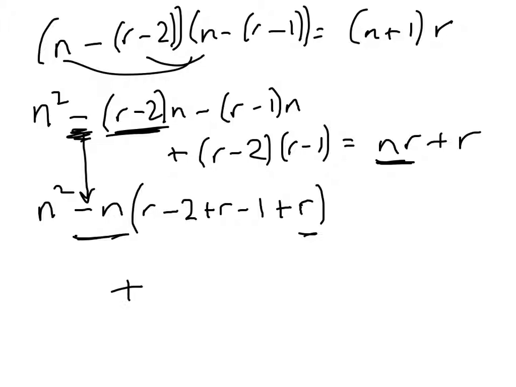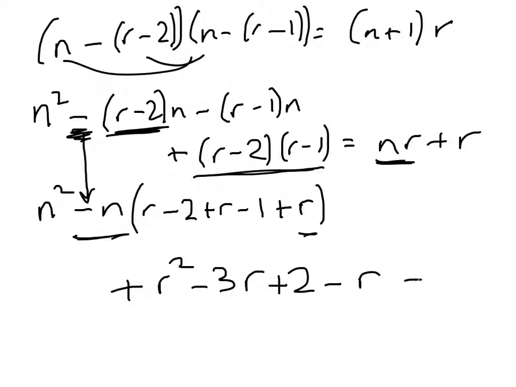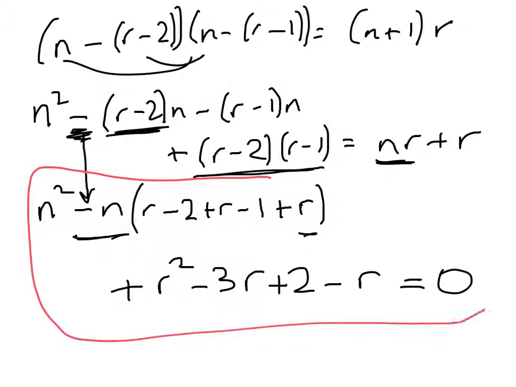And for the constant term in the quadratic, I've got r squared minus 3r plus 2 minus r. And so now that all equals 0. Now it still looks fairly awful, but actually we're getting towards a quadratic that we can do something with.